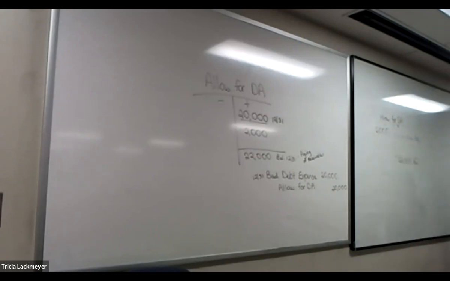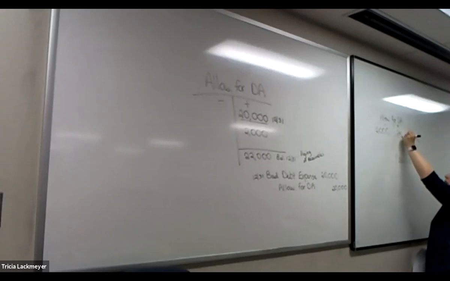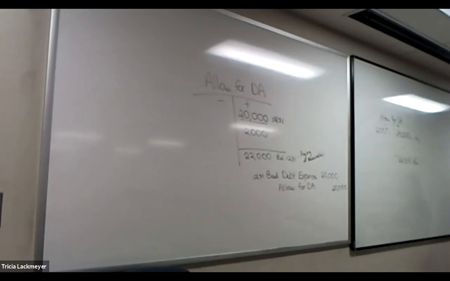So what if my balance was a debit instead of a credit? You would add to get your adjustment amount. Very good. So I would take my $2,000 plus my $22,000. And so my debit to bad debt expense and credit to allowance for doubtful accounts would be $24,000. Okay. So understand how that works.